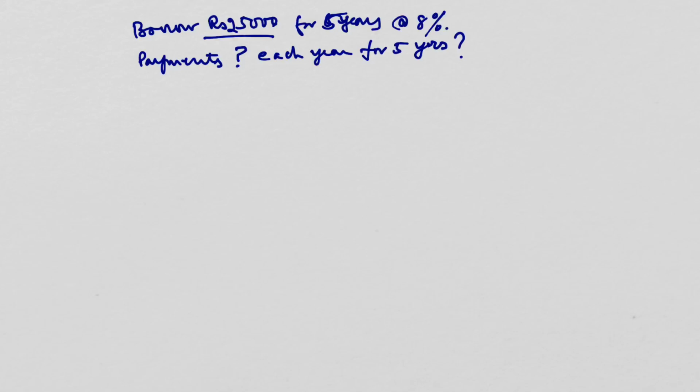So in this case, what you are saying is that this 25,000 is equal to an annuity, and because it's an annuity, if you write the formula, 1 divided by i, which is 0.08, minus 1 divided by interest into 1.08 raised to 5.